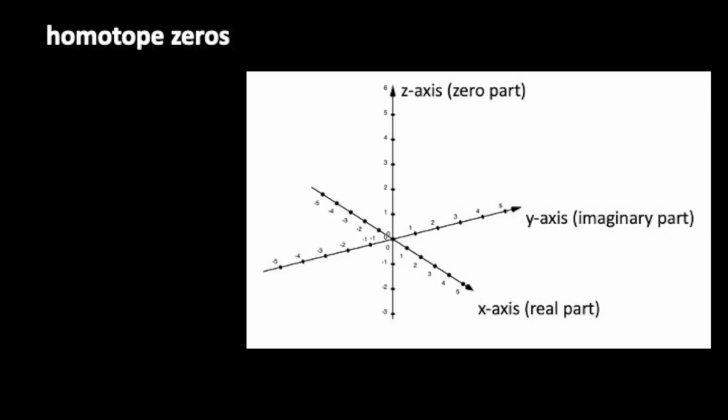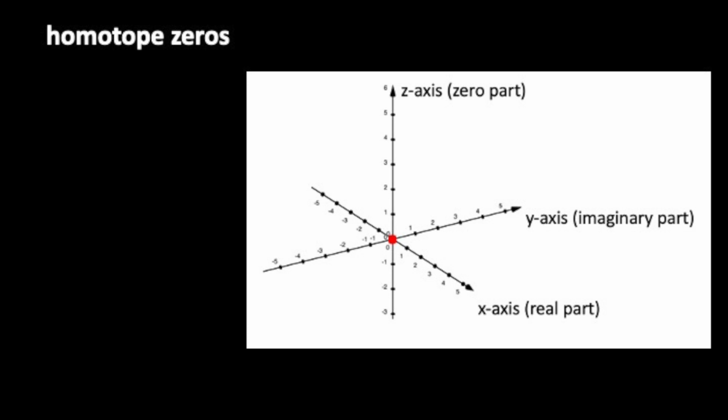Finally, let's define the concept of homotopic or homotope zeros. In the hypercomplex space, when we've chosen a Cartesian coordinate system, the origin is a point with coordinates 0, 0, 0. This means that the real, imaginary and zero parts of the origin are 0.